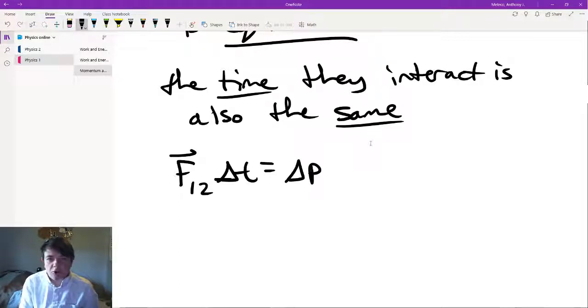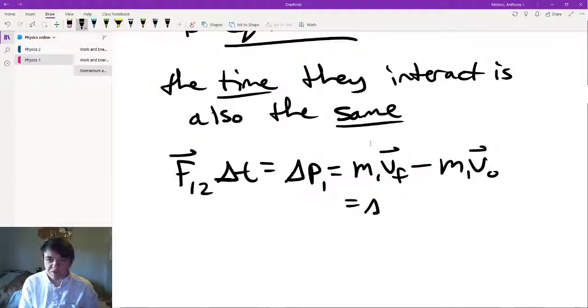That would be equal to the change in momentum of particle 1, which would be the mass times the final velocity minus the initial velocity, which is change in mv.